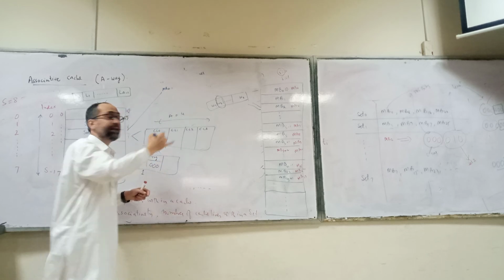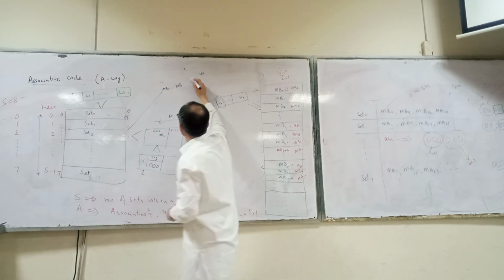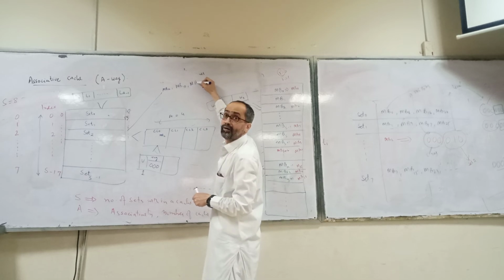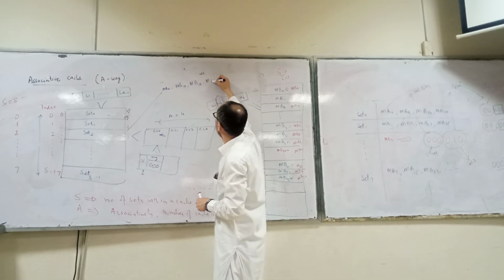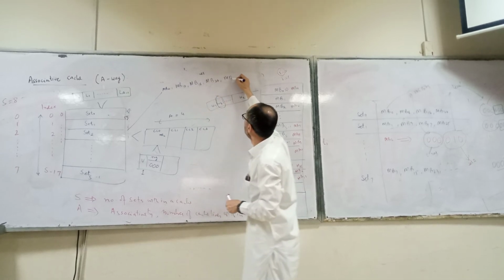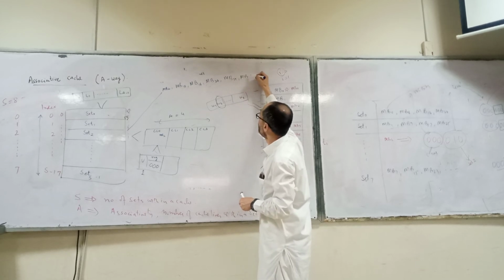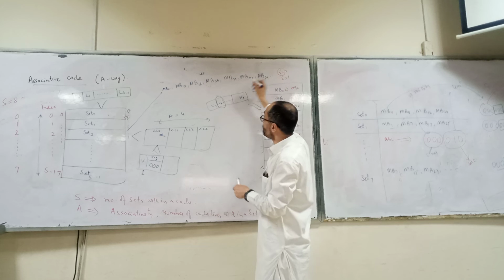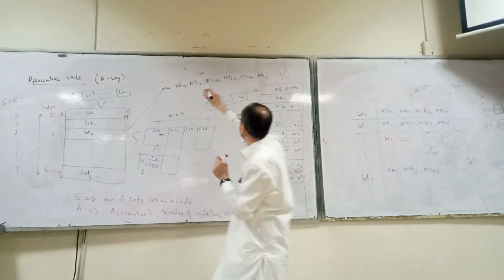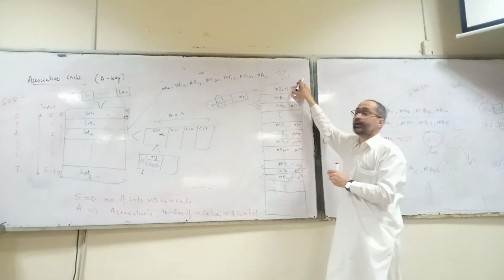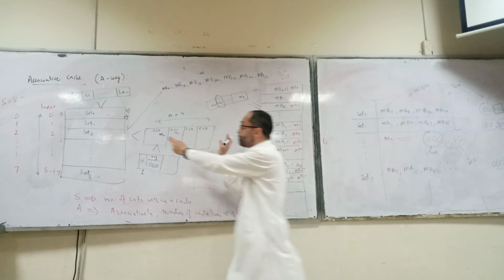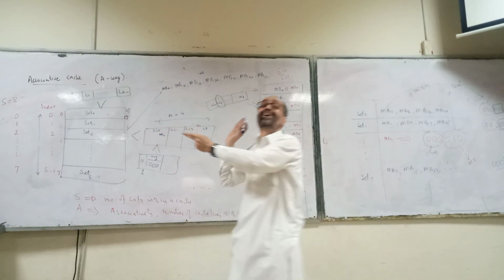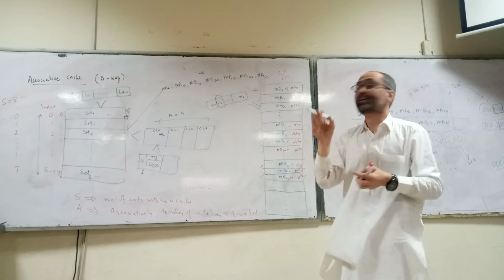Block 2, then 10, that is 2 plus 8, then 18, 26, 34, 42, 50, and so forth. So many blocks are mapped to this set, and how many blocks can be accommodated here? 4. You cannot accommodate all, but you have to identify which blocks.